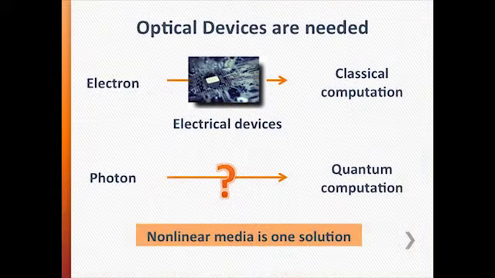So here we have the information carrier. The next question is, where are you sending them? In a classical computer, people use materials with different electrical properties to build various devices. And in a quantum computer using photons, all-optical devices will be needed. Using nonlinear media to build these all-optical devices is one option.